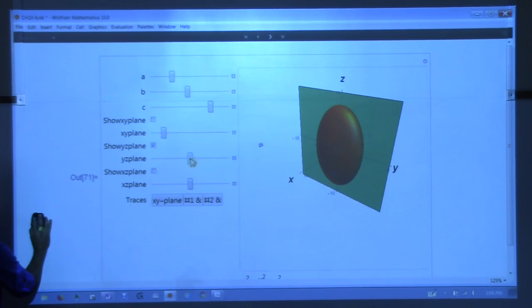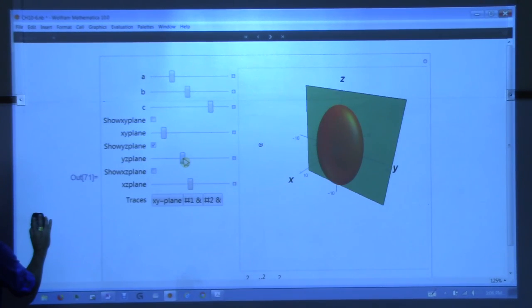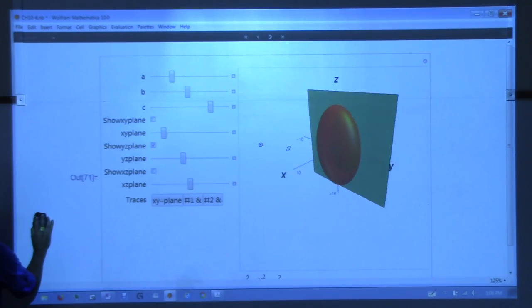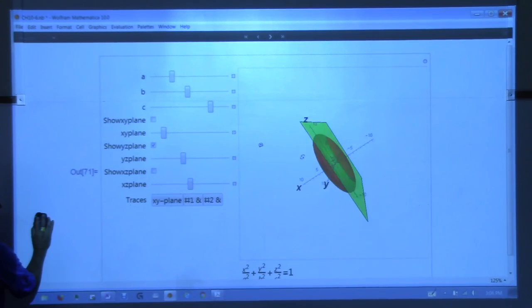Oh, I'm moving the wrong one. Man, this thing's slow. I went too far. There. Can you all see that on the other side? Hits like an ellipse.